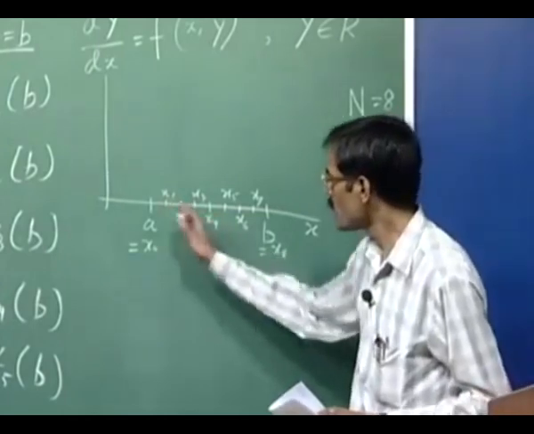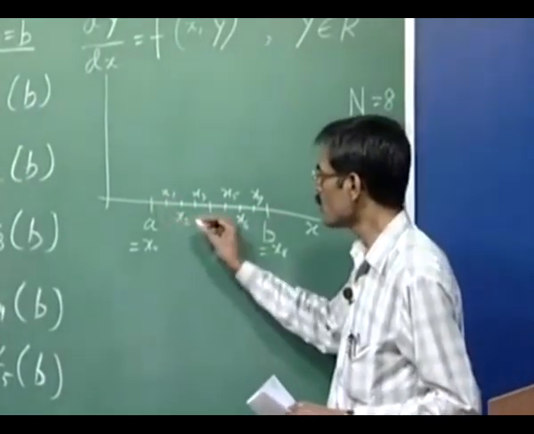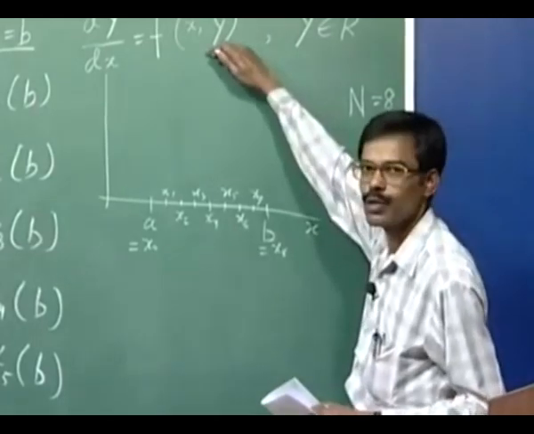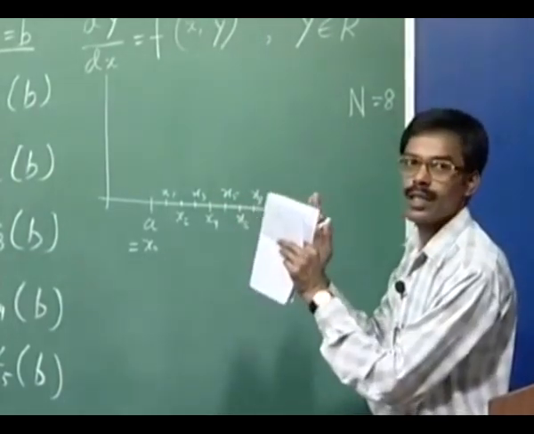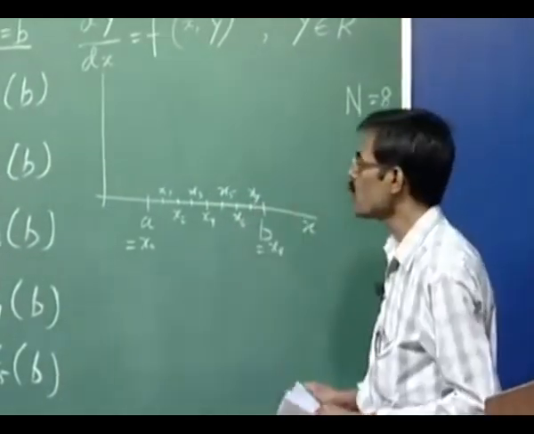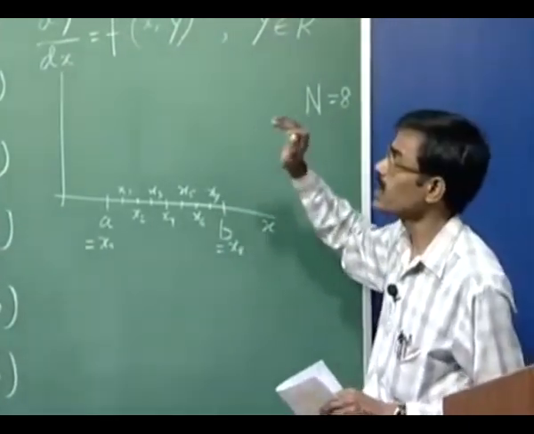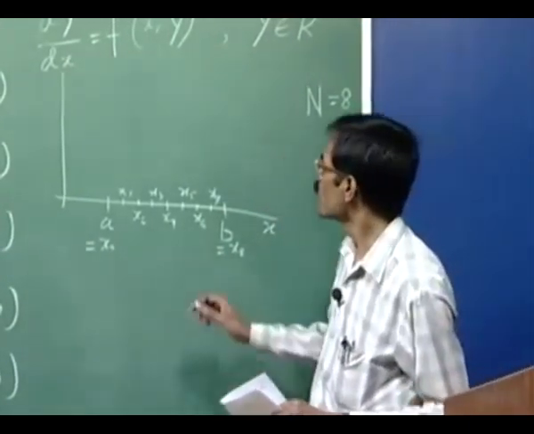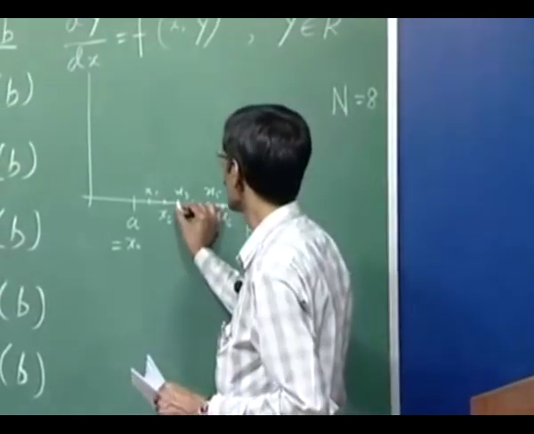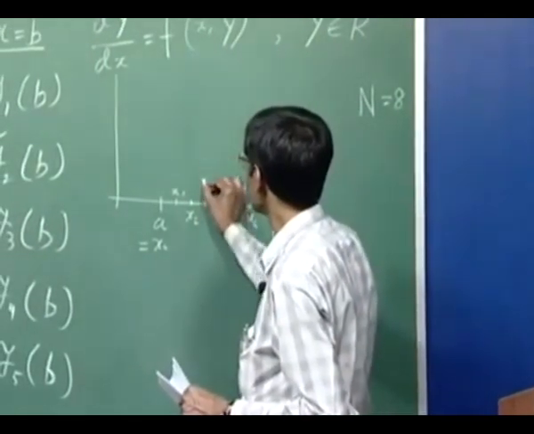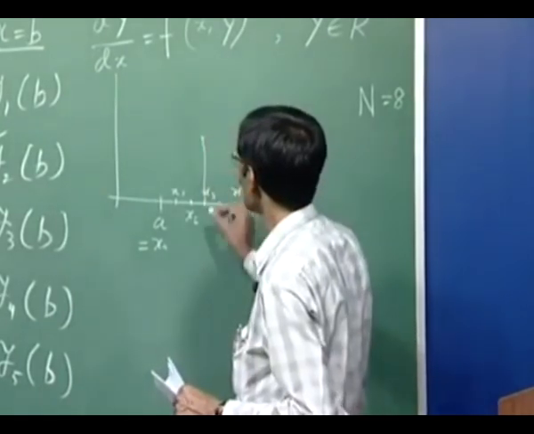Now, if we do that, then for every interval we can write this differential equation in discrete form. So, from the differential equation we get what is called finite difference equation. So, for example, suppose at x3, this is the value of y.